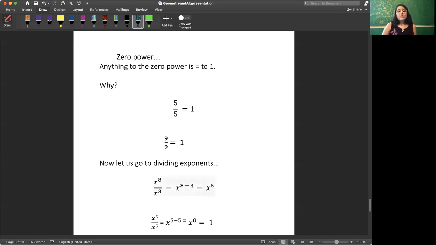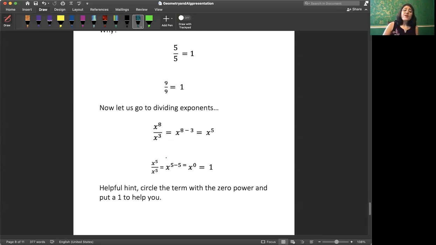So we have 8 minus 3, so we have x to the 5. But when we have anything divided by itself, that does equal 1. But let's subtract. So we have 5 minus 5 is 0. And because anything that's divided by itself is equal to 1, then this exponent of 0 has to equal 1.